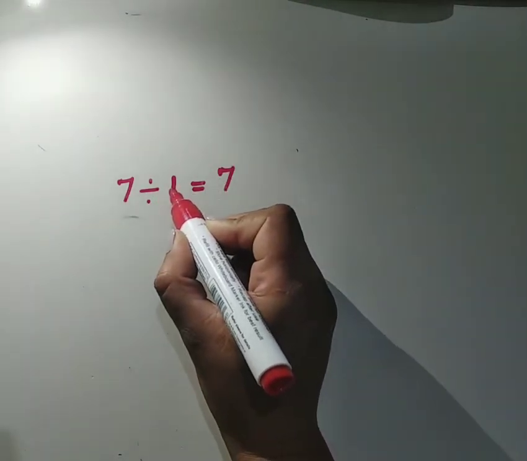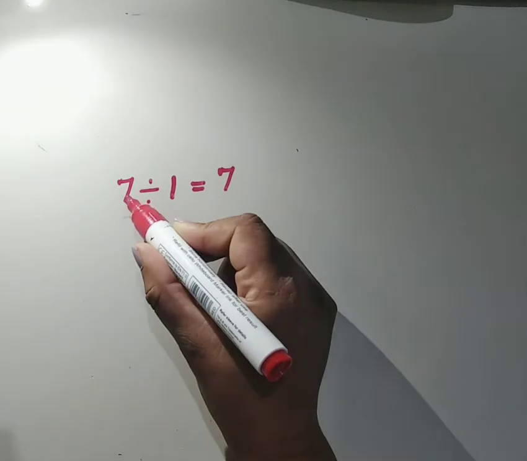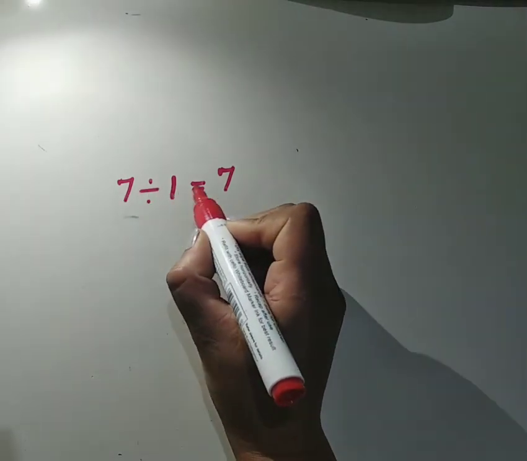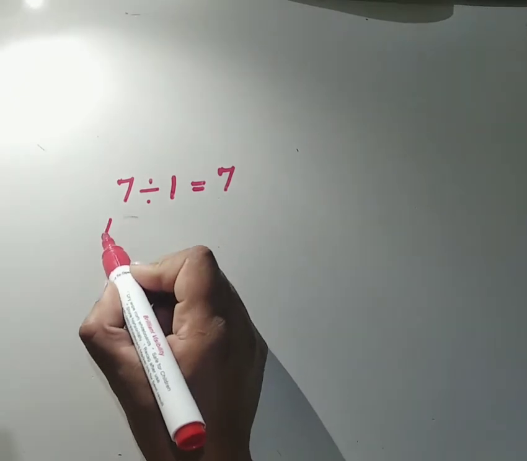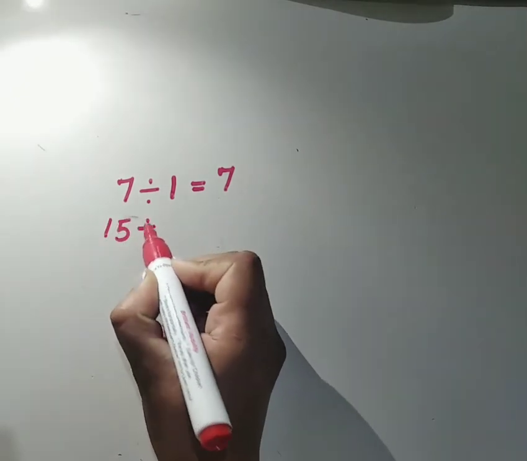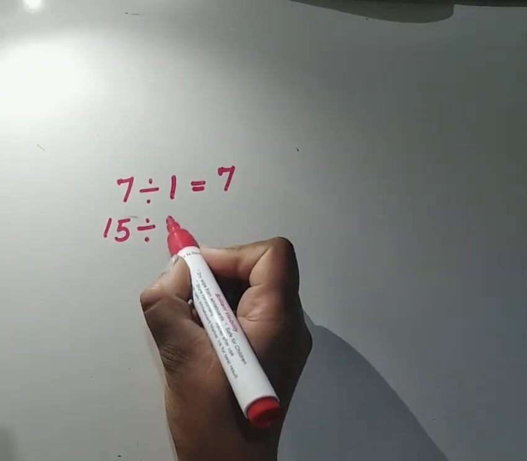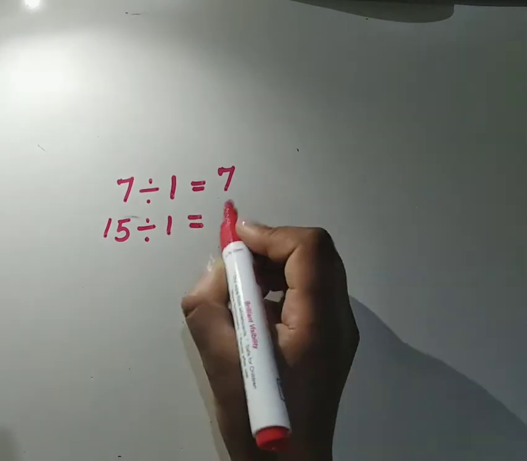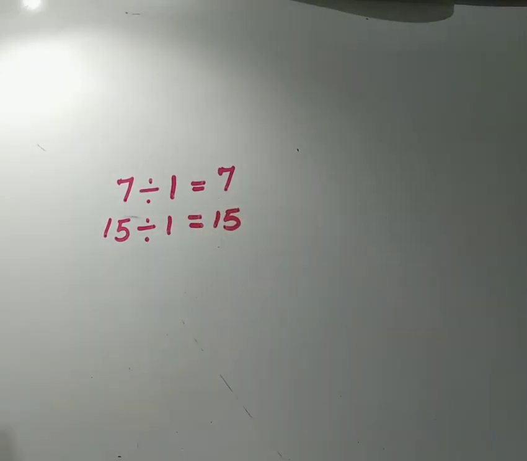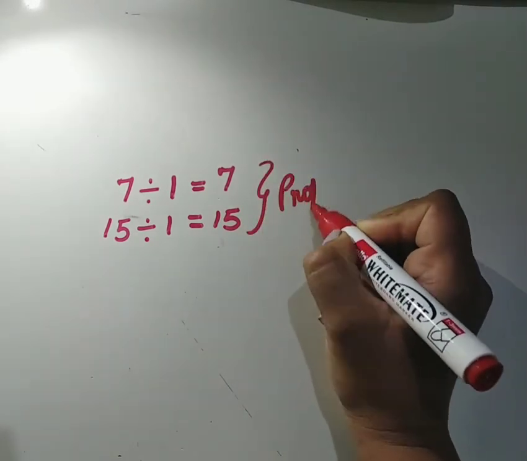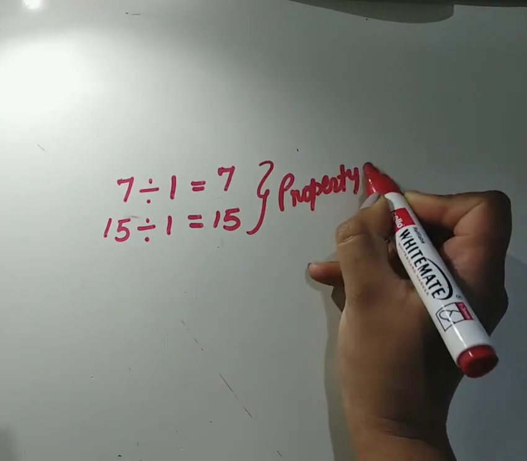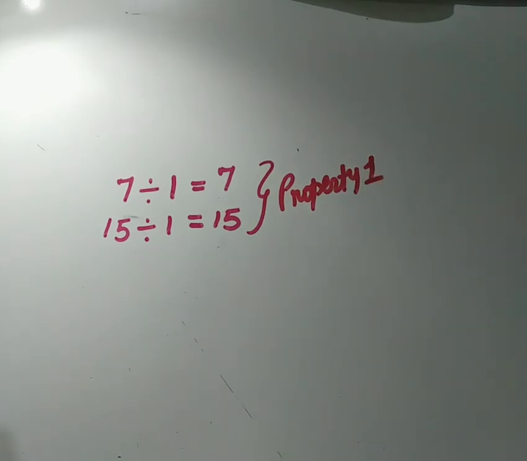So 1 multiplied by 7 is 7. 7 divided by 1 is 7. Again, when any number is divided by 1, the number is 15, for example, the quotient is going to be the number itself. This is property 1.